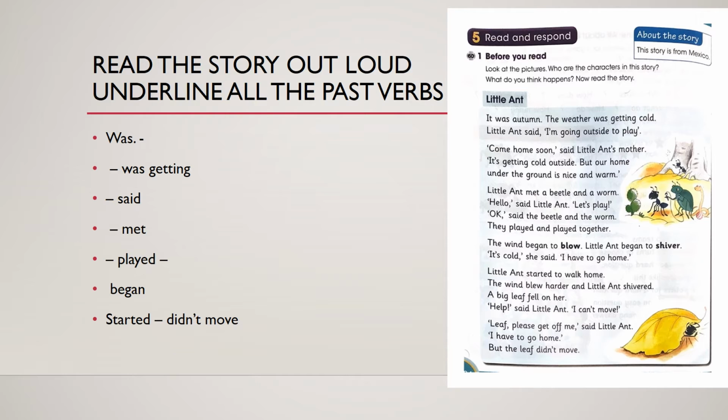So look for all the words that have been used to describe an action in the story we read yesterday about Little Ant, which you're still going to read again, and then you draw a line under every past verb you see in the story. For directions, you can check on the left hand side of this slide.